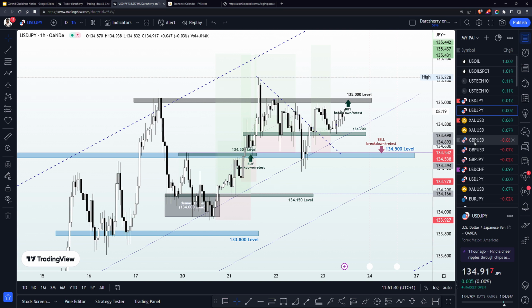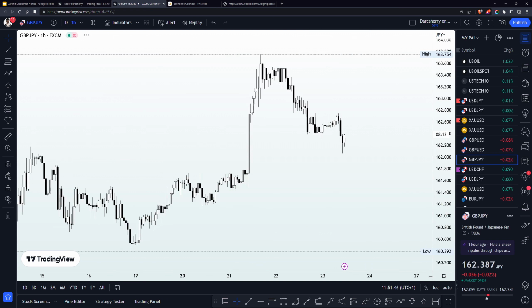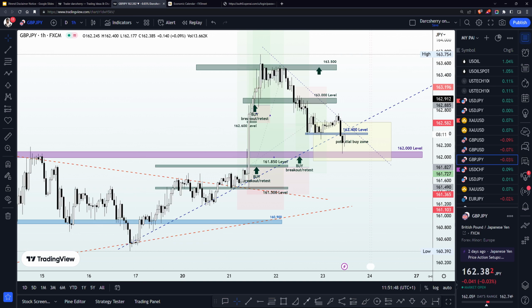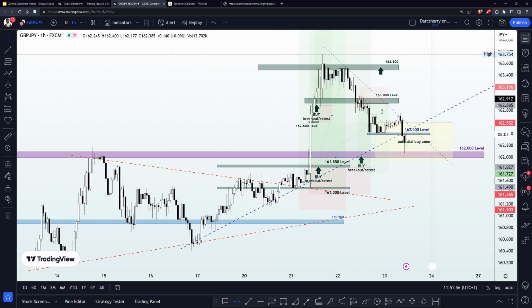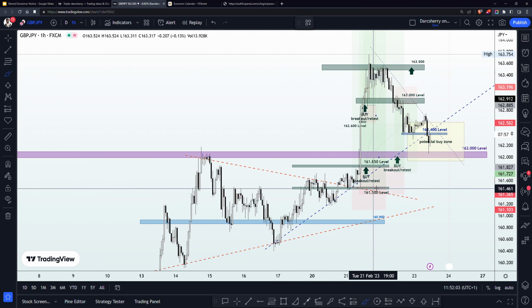All right, so I will be moving on to the last pair for today, which is the GBPJPY, which was introduced to us by one of us in the house on Monday. And lucky enough for us on the GBPJPY, we were able to make some significant profit, and that happened on Tuesday morning when we joined the breakout of that.